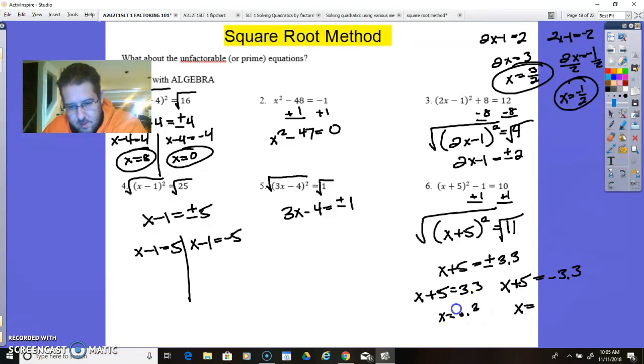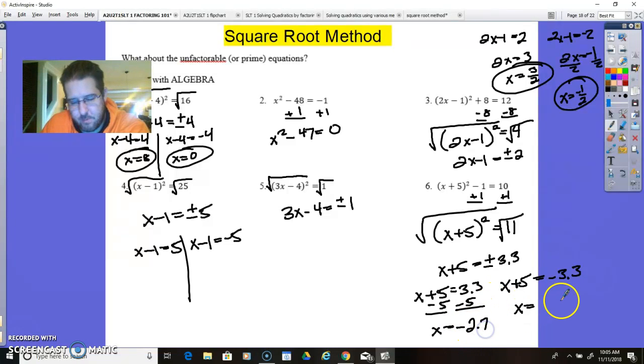So this one wasn't right. It's not erasing very well. Okay, there we go. So if I subtract 5 from both sides, then x is going to be equal to negative, I think that's about 2.7. Doing it in my head, sorry. And this one's going to be negative 8.3.